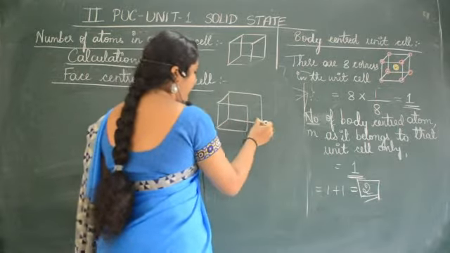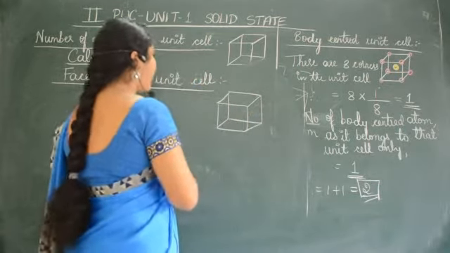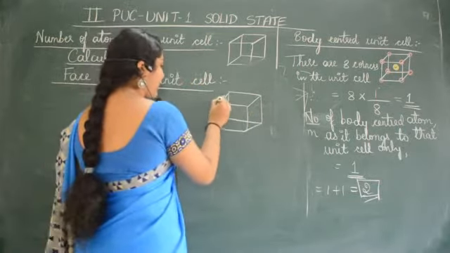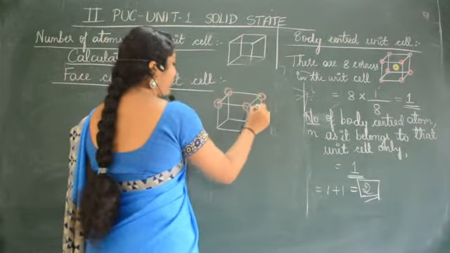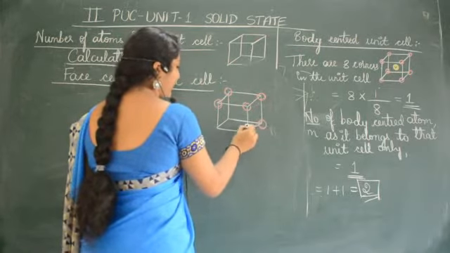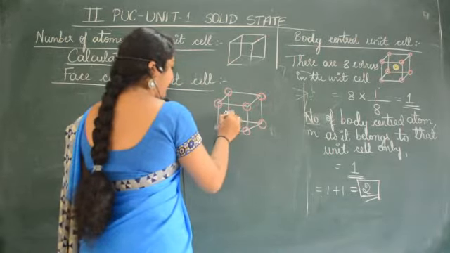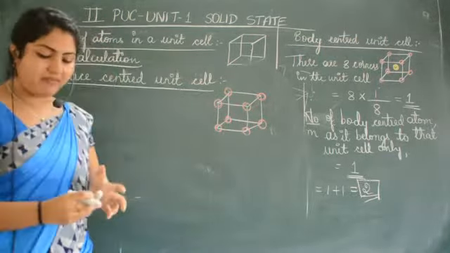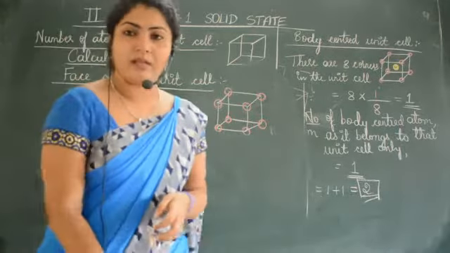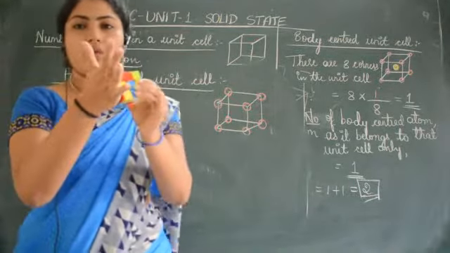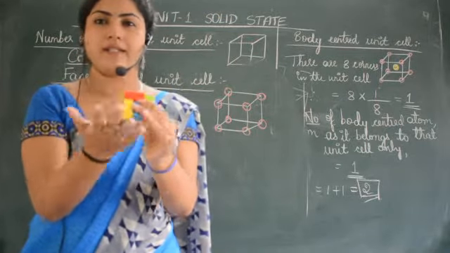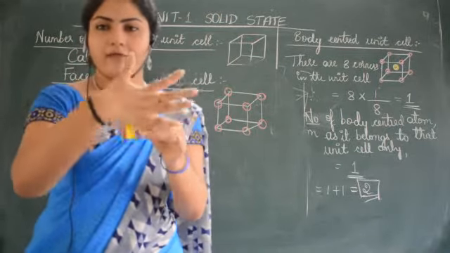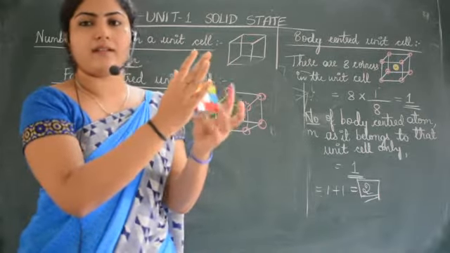This is the unit cell. How many corner atoms? There are 8 corner atoms: 1, 2, 3, 4, 5, 6, 7 and 8. How many faces are present? 1, 2, 3, 4, 5 and here 6.